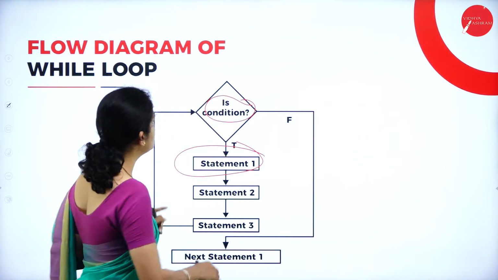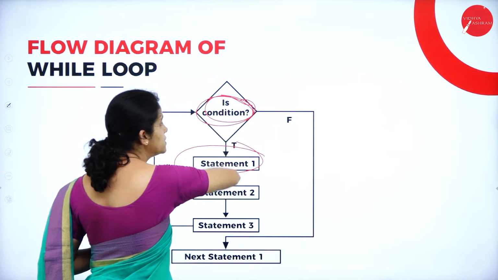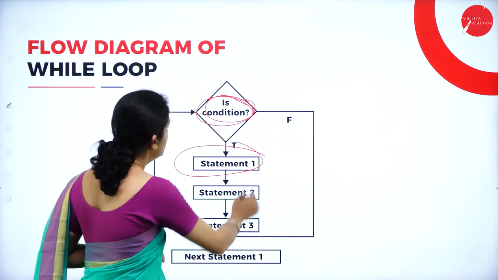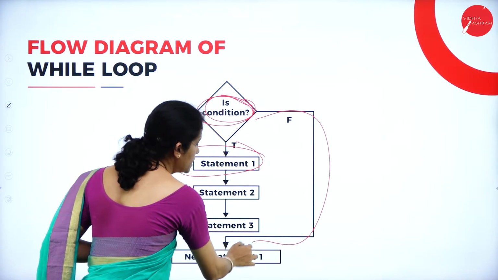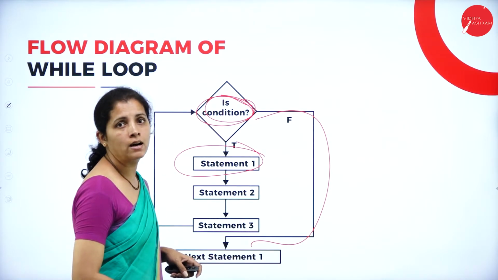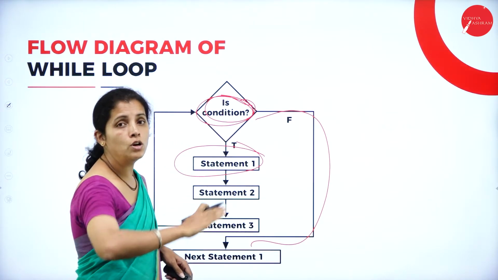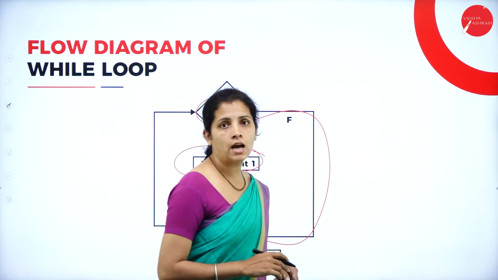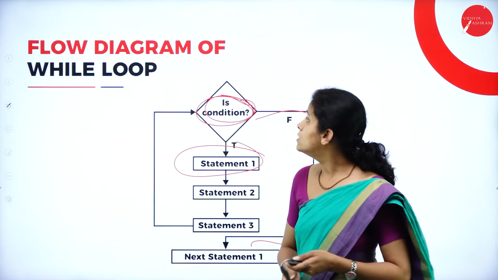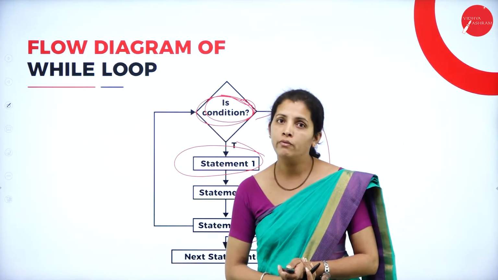Once my test criteria fails, the control is transferred to the next statement or moves to the next structure. This is the way the while loop is going to work.